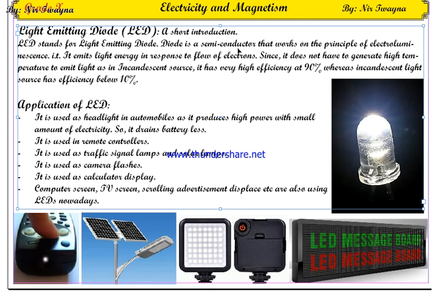Okay, diode is a semiconductor that works on the principle of electroluminescence. Electroluminescence means whenever electron flows through it, it produces light. Not because of friction, not because of temperature, and not because of fluorescent effect, fluorescence.